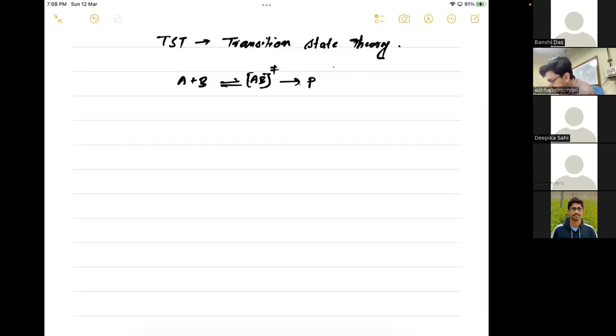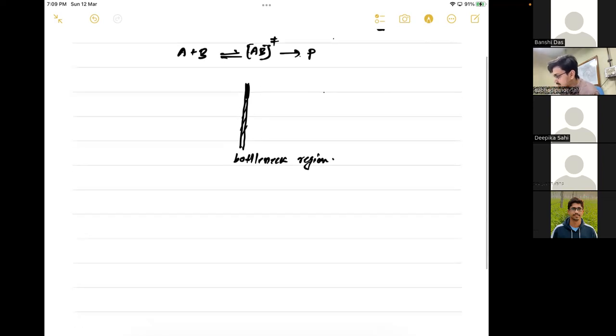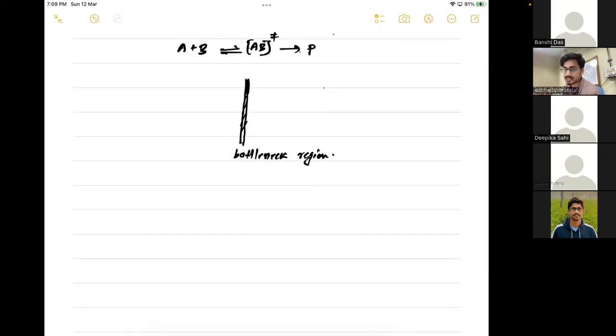Eyring assumes that there is an activated complex. Let's say this is the bottleneck region. That means this is the dividing surface, which is dividing the reactant side and the product side. So this is the reactant side, and this is the product side.